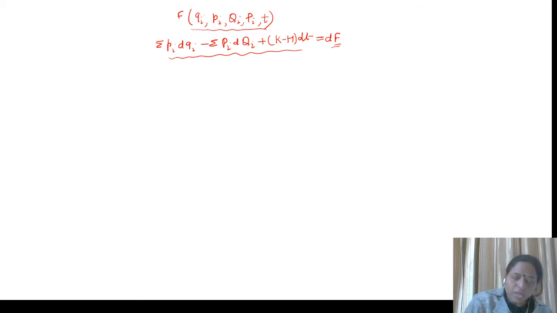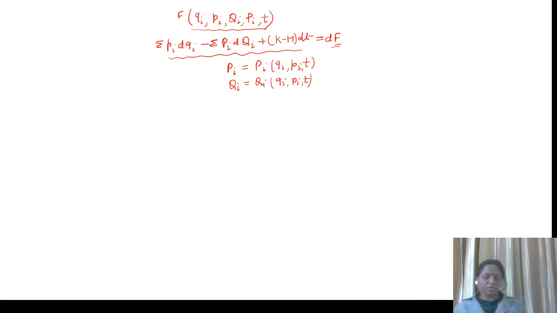But naturally, you are having transformation equations in which your Pi is written as a function of old coordinates, Qi is written as a function of old coordinates, and vice versa is possible, and these equations are 2n in number.